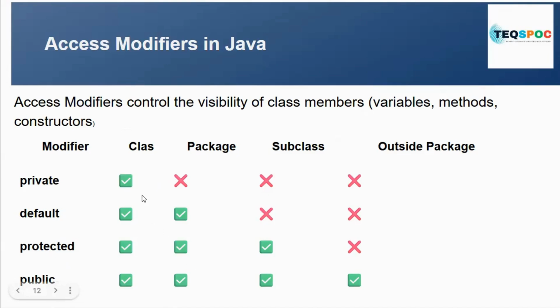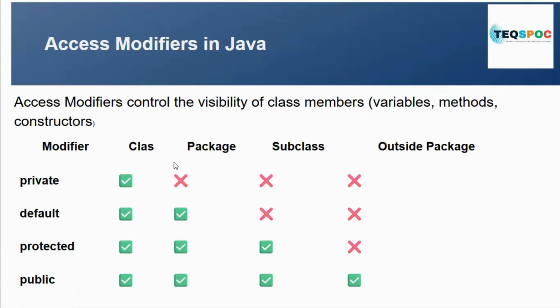If we make a variable or method private, then it can be accessed in the same class and cannot be accessed in the subclass or other class. You can note this down, and you have to tell it in this way when the interviewer asks you. If you make the variable, method, or constructor private, then you can access it only in the same class.